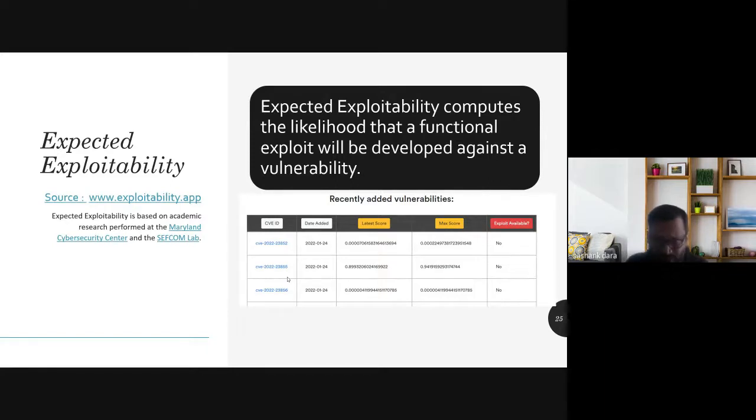I just took a screenshot last night of these CVEs that got published, and then they are predicting whether somebody has built an exploit or not. Of course, there are ample ways of cross-checking whether these predictions are correct, because of late most of these exploits are made available by researchers on GitHub, Twitter, GitLab, and many other public sources.